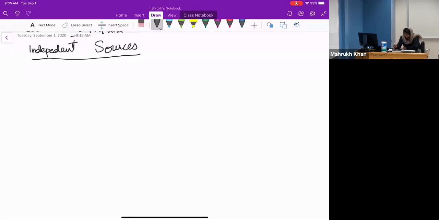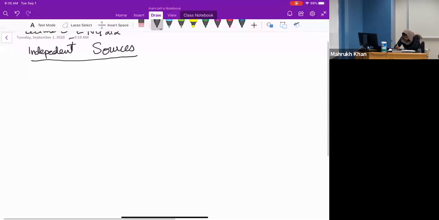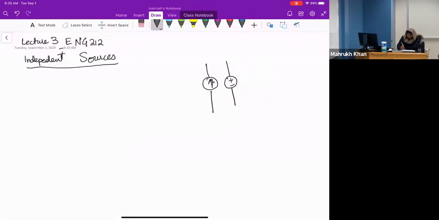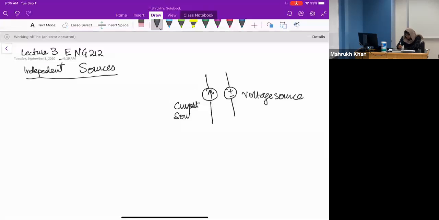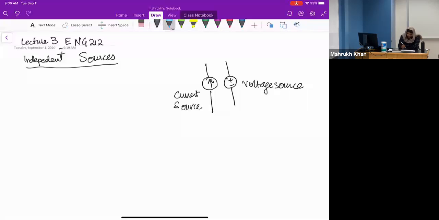What are independent sources? We talked about voltage source, current source, but we did not talk about what is independent source. So we saw them that these are our sources. This is voltage source. This is current. What is an independent source?